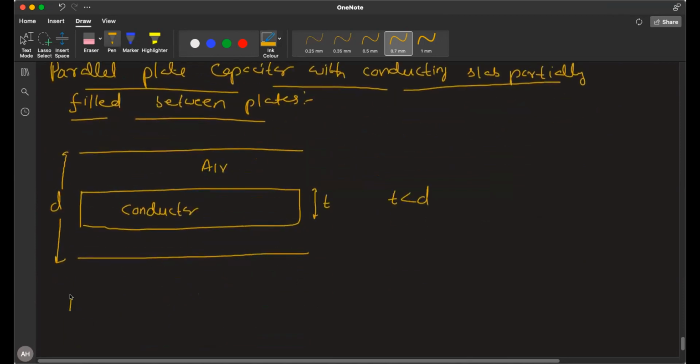So electric field in air, just like the previous calculation. What was the expression of field in air, Arpit? Sigma by epsilon naught.